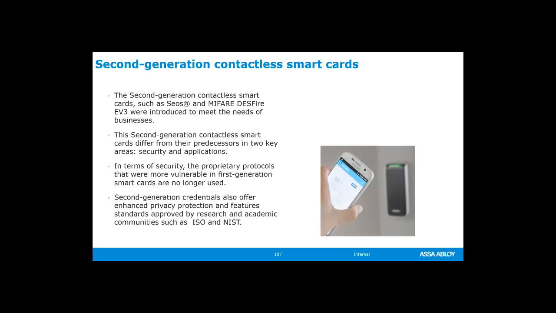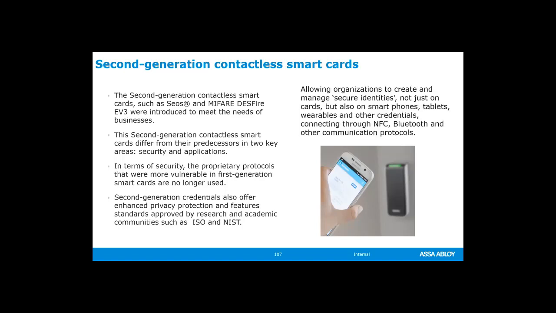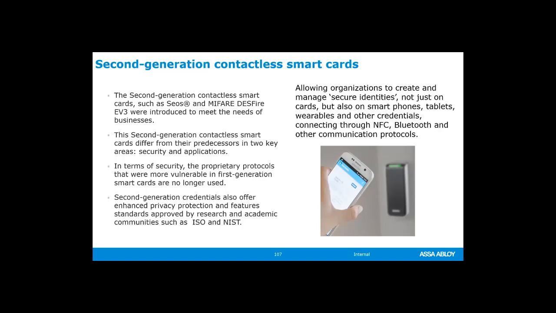These open standards are consistently being updated and adjusted, enabling them to be leveraged across multiple technologies, allowing organizations to create and manage secure identities not just on cards, but on cellular phones, tablets, wearables, and other credentials connected through NFC, Bluetooth, or other communication protocols.